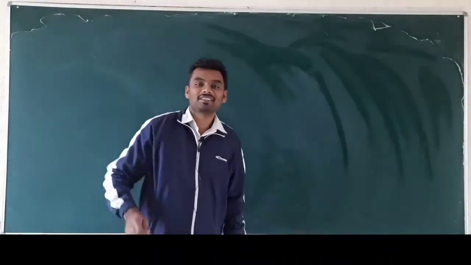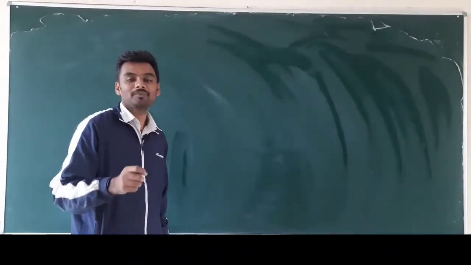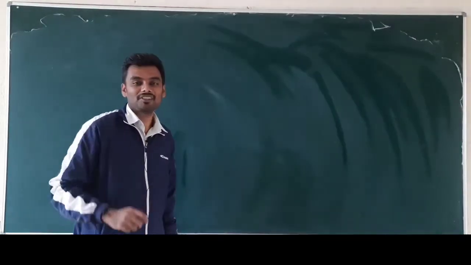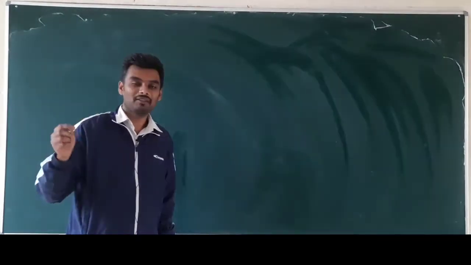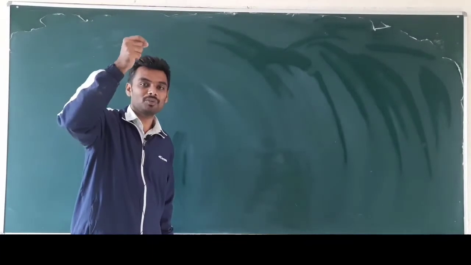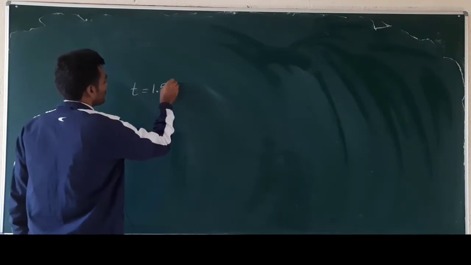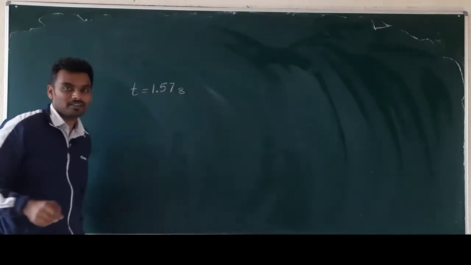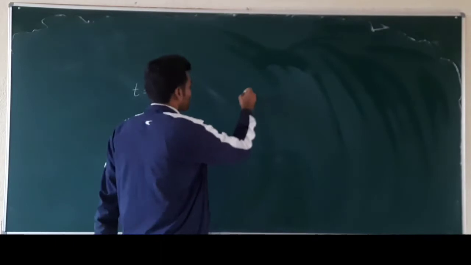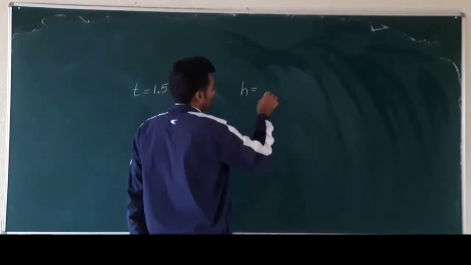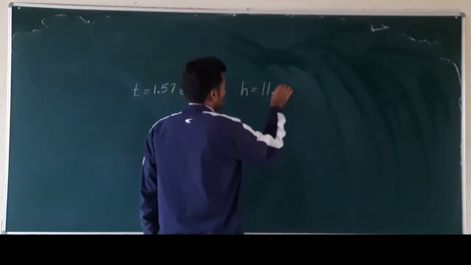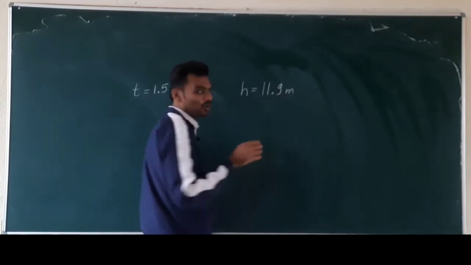So dear students, what we obtained just now by the observation demonstration is the time taken by the object to fall from the top of the building to the bottom of the building, which we obtained as 1.57 seconds, right? And using the actual measurement, the height that we obtained is 11.9 meter, which is close to 12 meter.